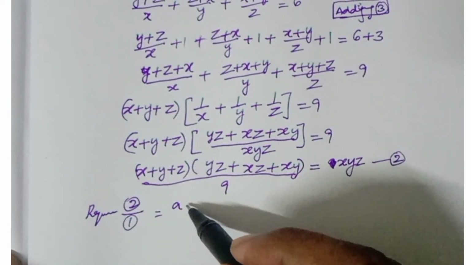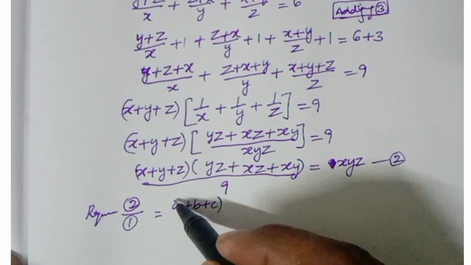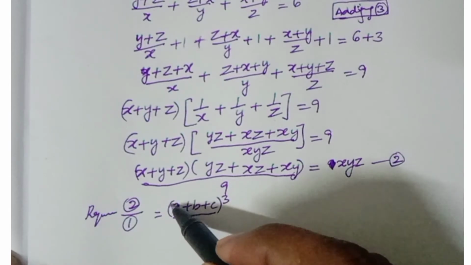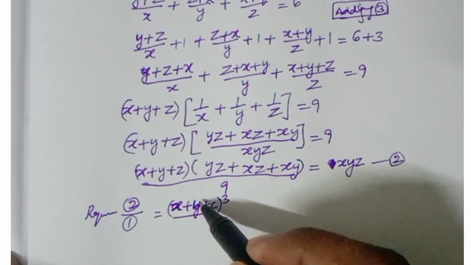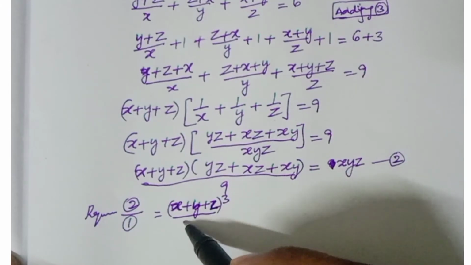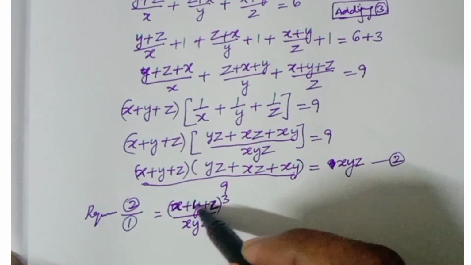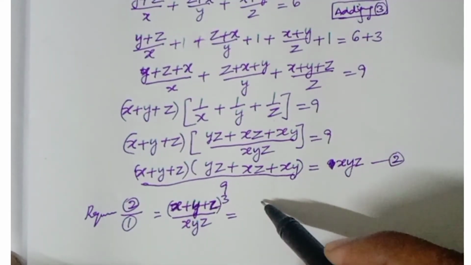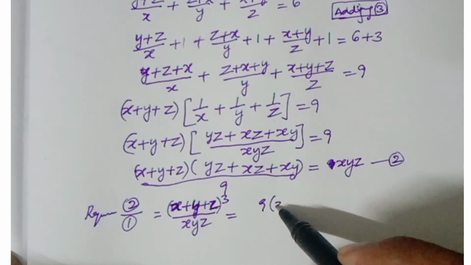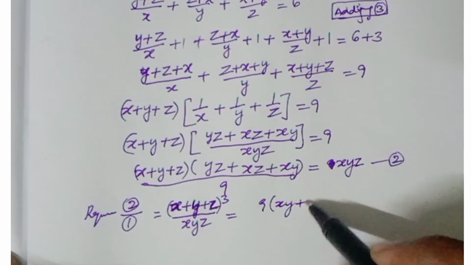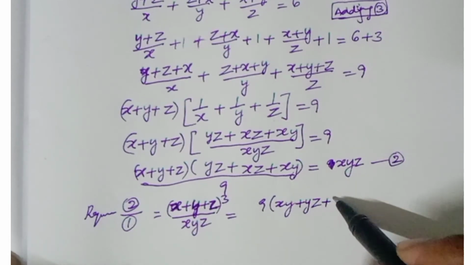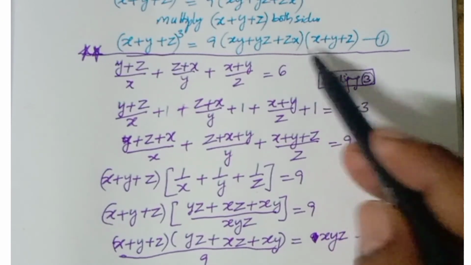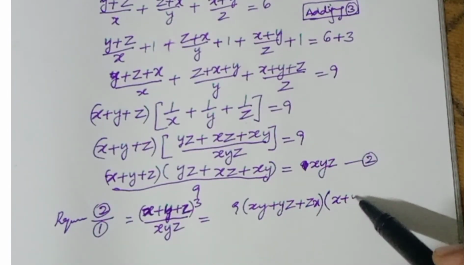What is required is (x + y + z)³/xyz. From the first one, it is 9(xy + yz + zx)(x + y + z).